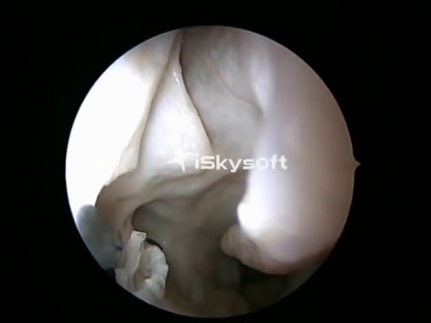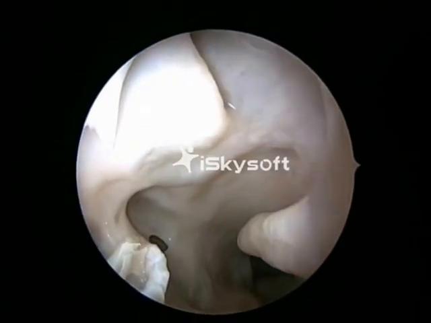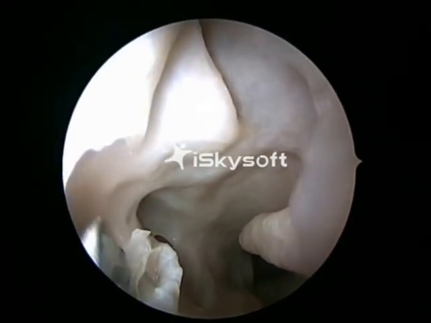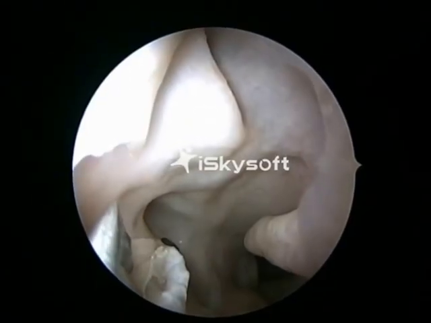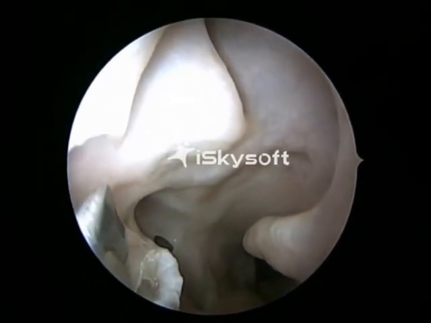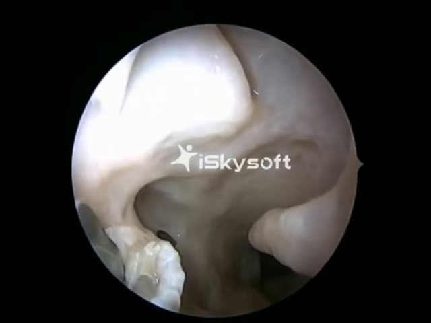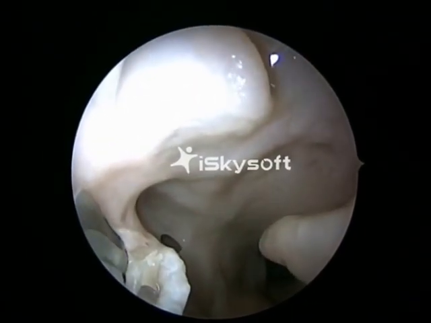We take a sickle knife and submucosally dissect the horizontal portion of the bone of the uncinate process. You can see very well the bone is being dissected away. Care is taken not to damage the mucosa on its lateral aspect.